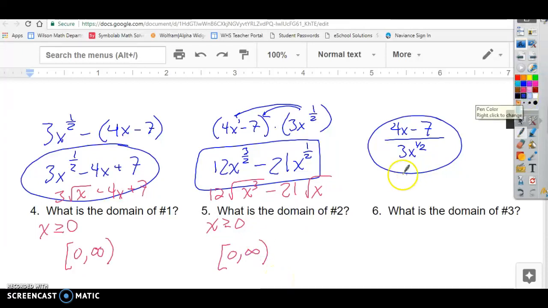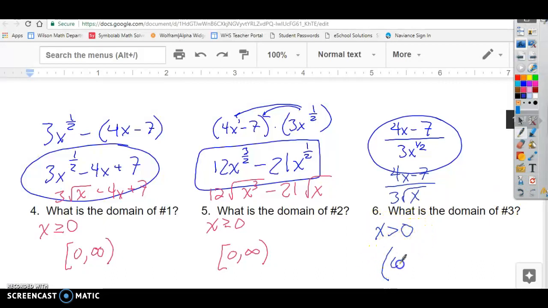And then this last one here, this is the one that's a little tricky. So this is 4x minus 7 on the top times 3 times the square root of x. Now, you can't divide by 0, and we can't take the square root of a negative. So that means if we can't take the square root of a negative, we're going to be greater than or equal to 0. But remember, we can't have 0 on the bottom, so therefore I have to get rid of that equal to and just say x is greater than 0.